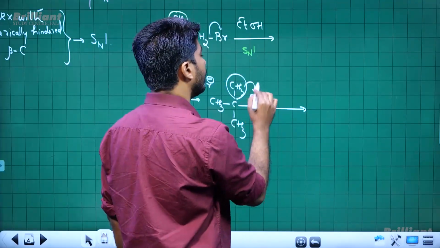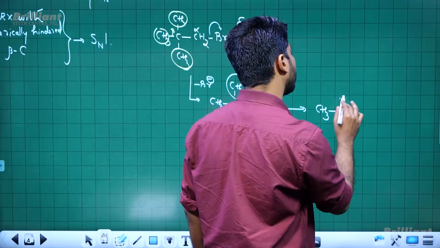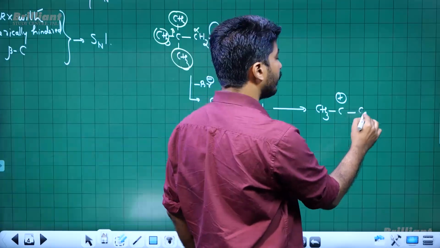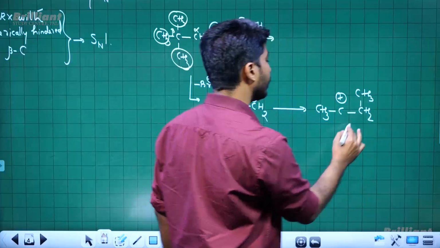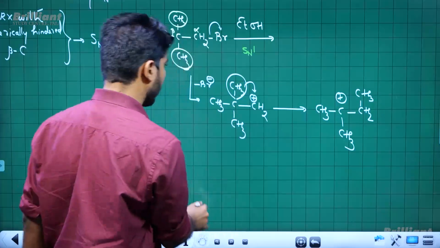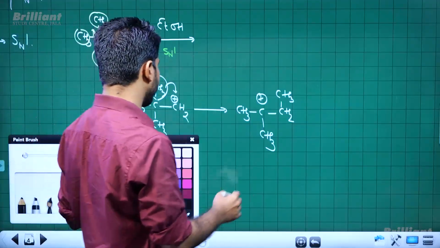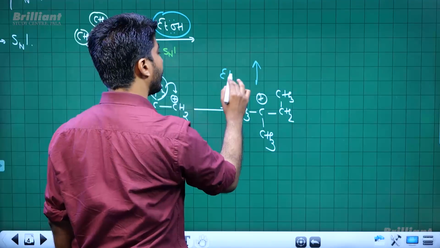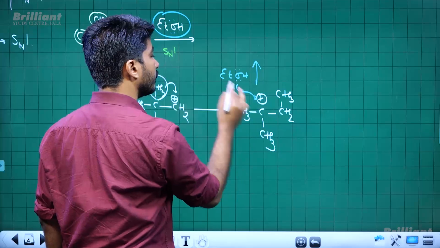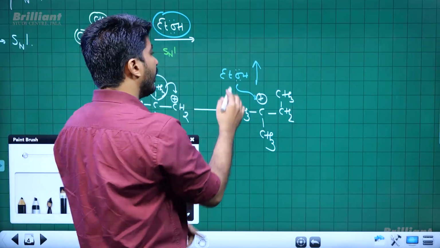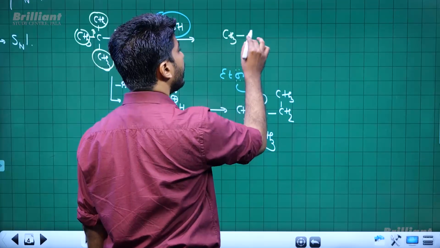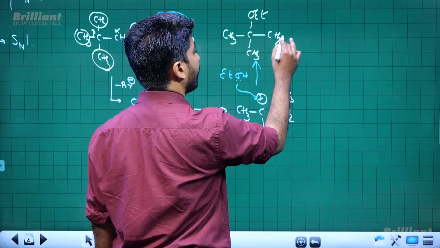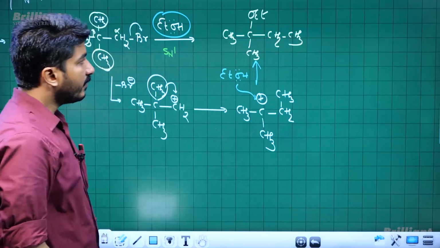So (CH3)2C plus, CH2CH3 forms, and later our ethanol, that is a nucleophilic solvent, attacks, and then H plus is lost, giving us the main product. So that will be this ether.